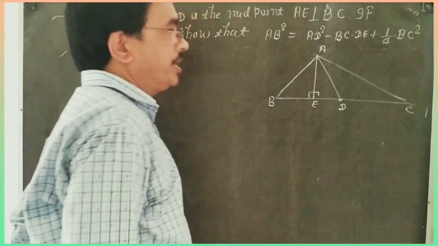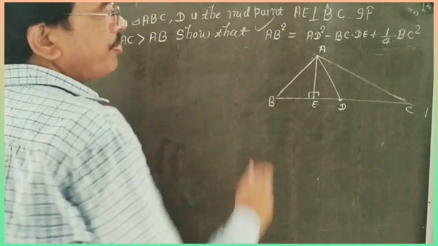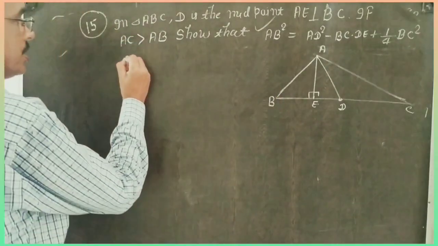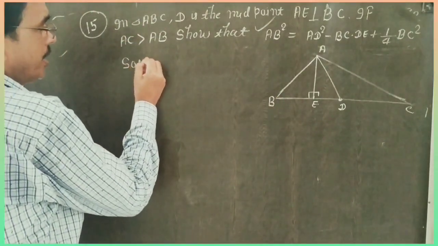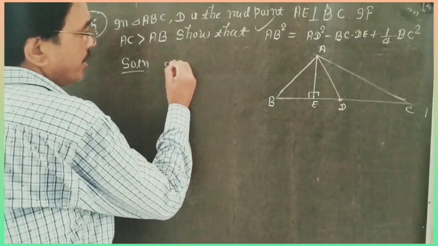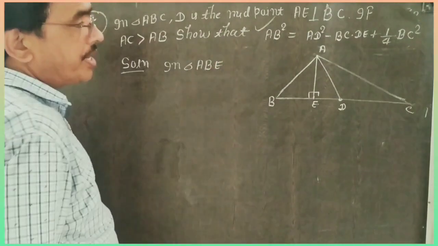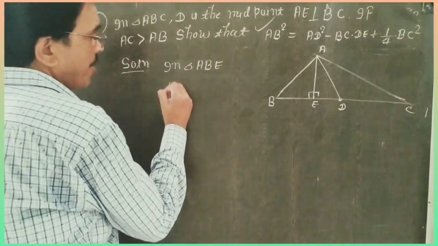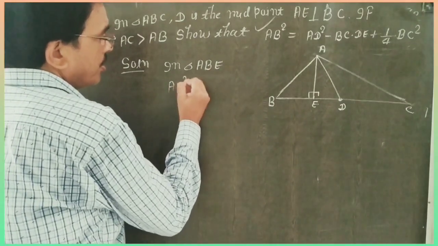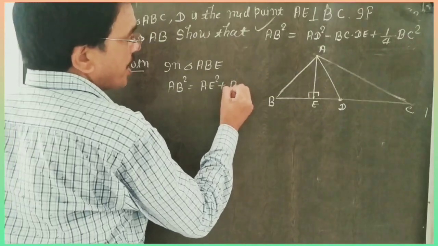Now your question is to find AB square. Solution: in which triangle can you find AB square? In triangle ABE, AB square is equal to AE square plus BE square.